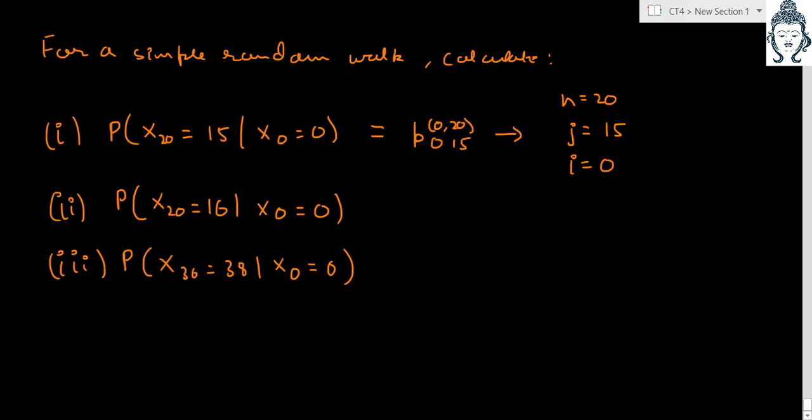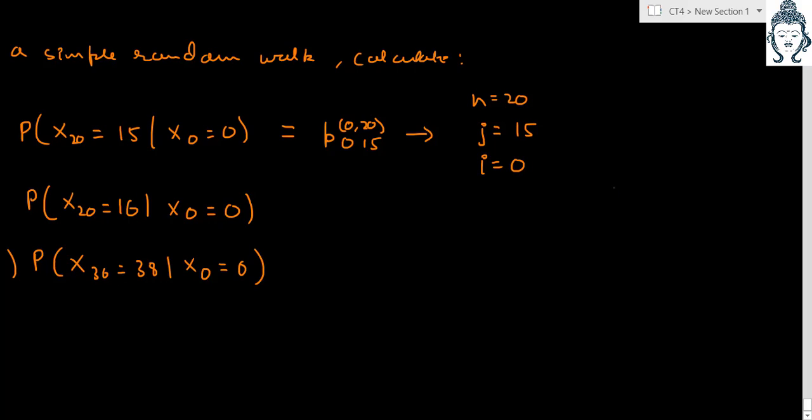So let's check the first two conditions. First thing we need to check is that n plus j minus i should be even. It is 20 plus 15, that is 35. This is not even, right?